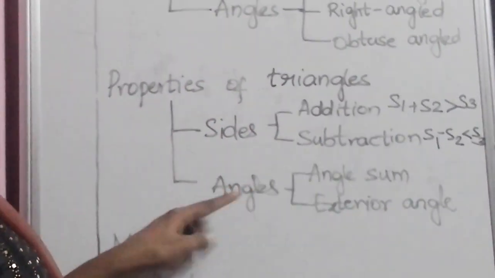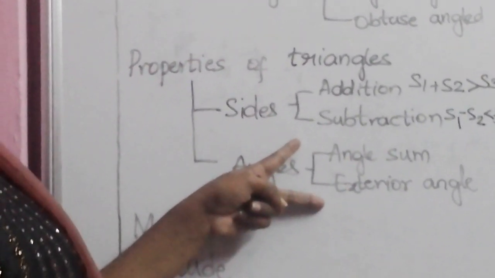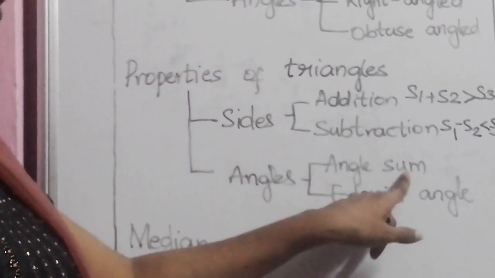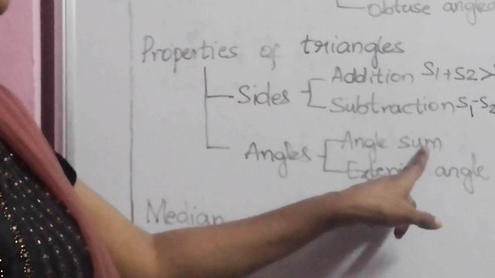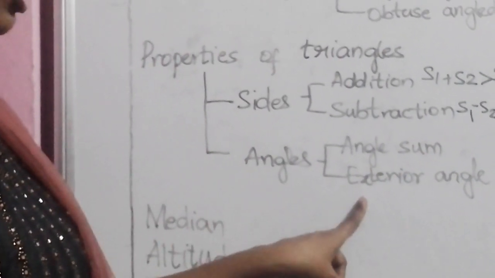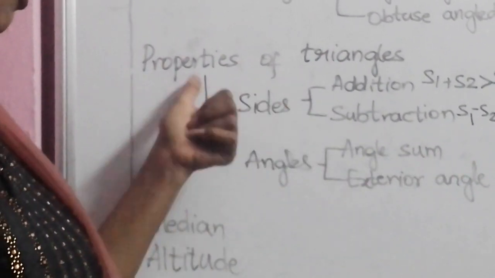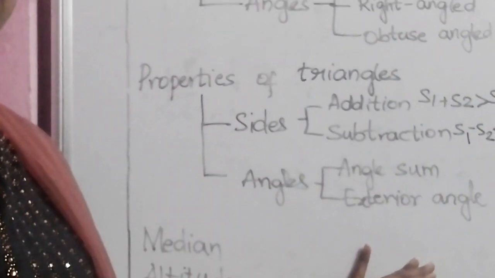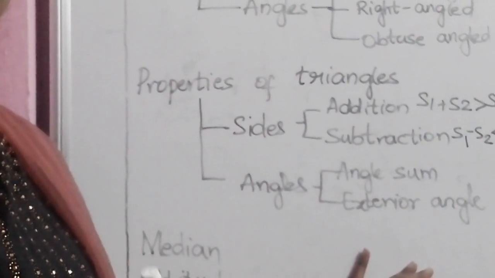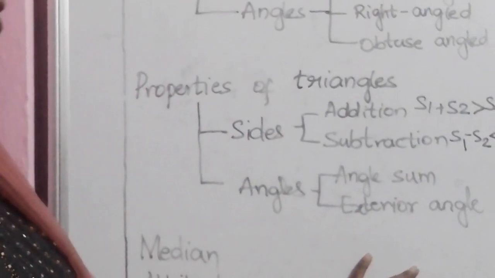Then based on the angles you have learned 2 properties. Angle sum property where the sum of 3 angles is equal to 180 degrees. The next property is exterior angle property, which is the exterior angle of a triangle is equal to the sum of the interior opposite angles.